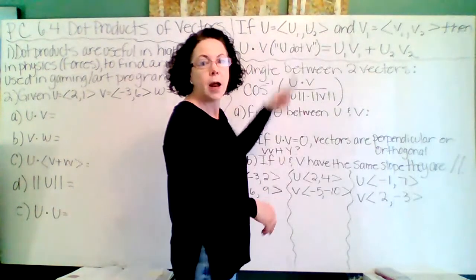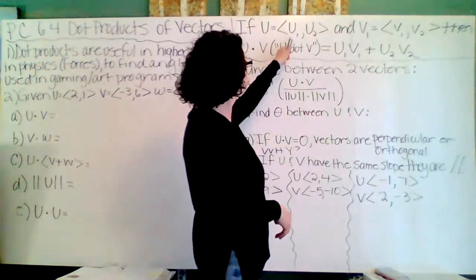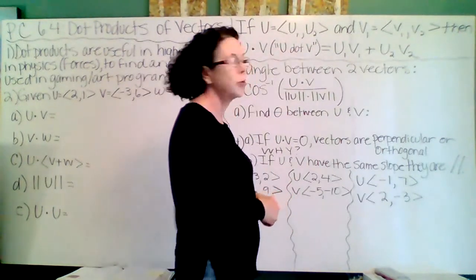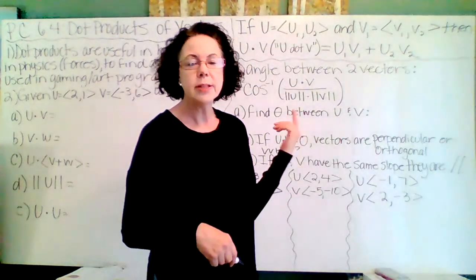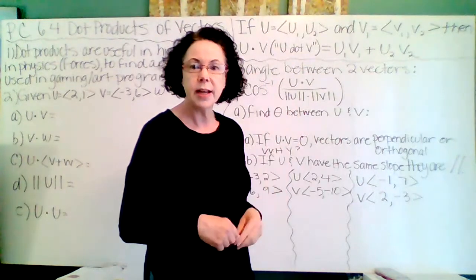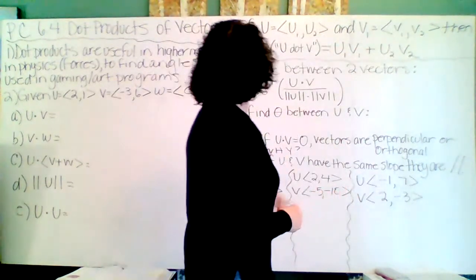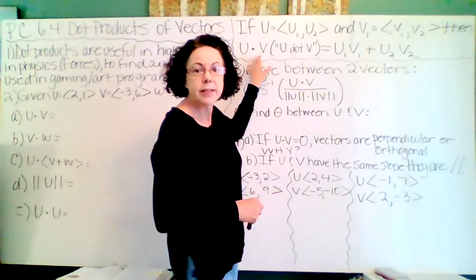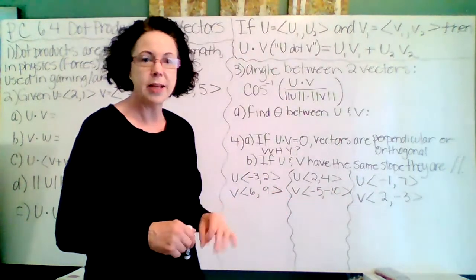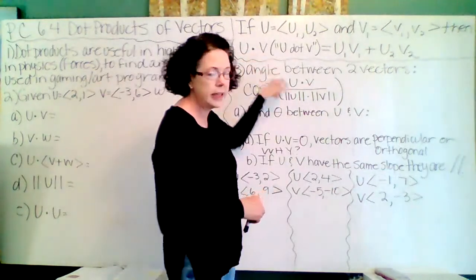So what the dot product is: if you have a vector u with a horizontal component of u1 and a vertical component of u2, notice that this is in component or standard form, and vector v with v1, v2, then u dot v, this is not just a multiplication, it is not u times v.